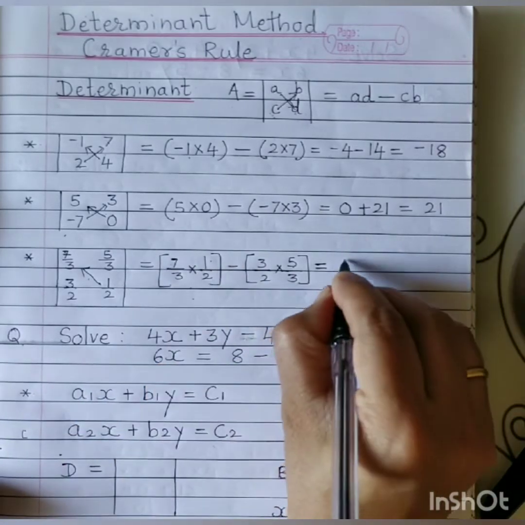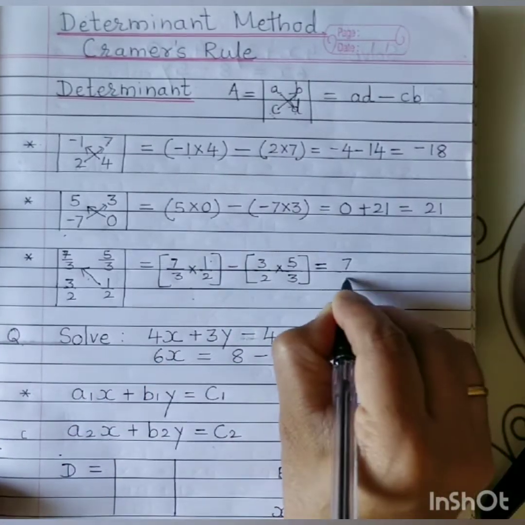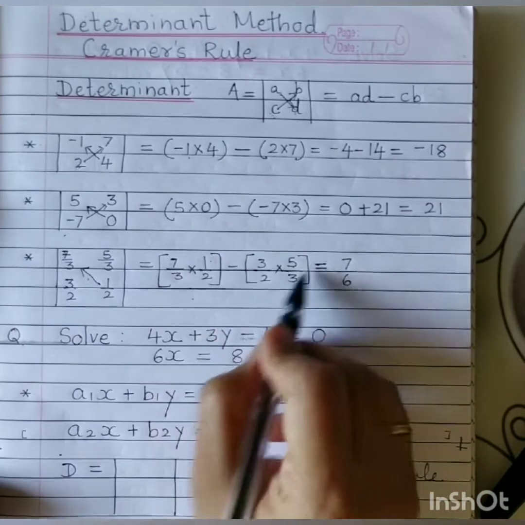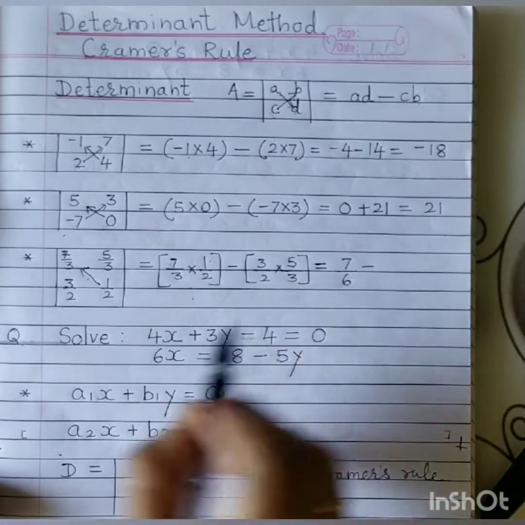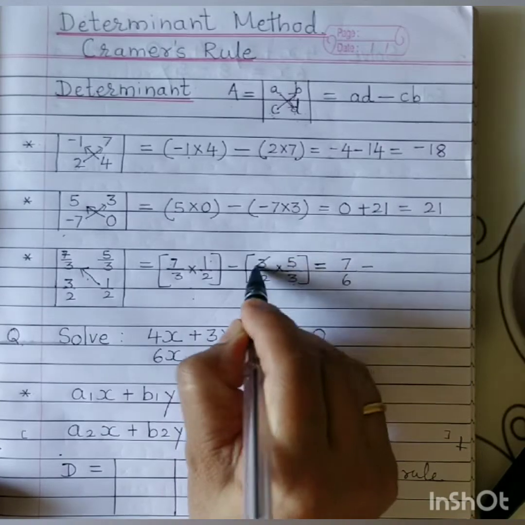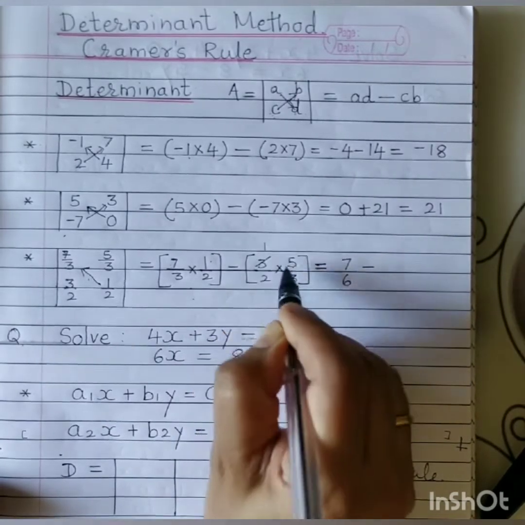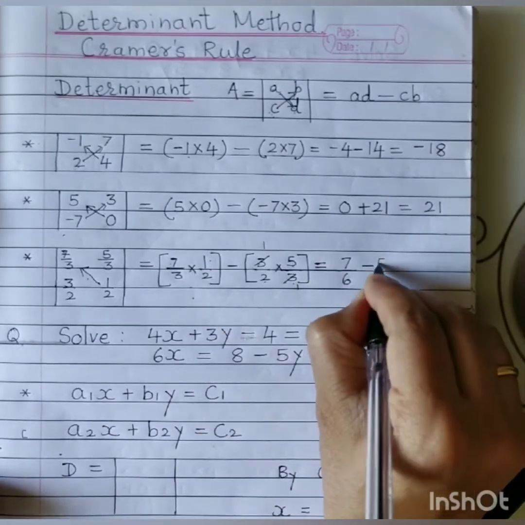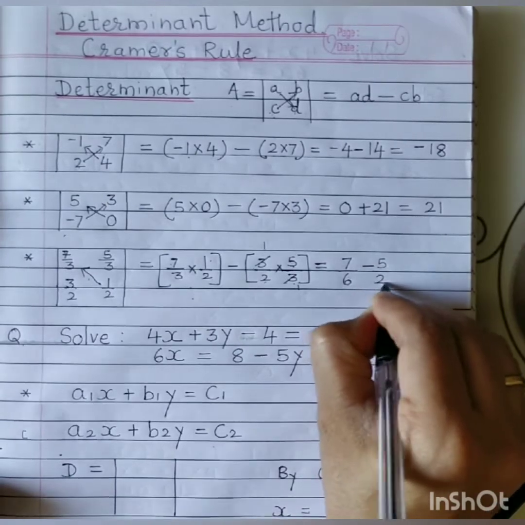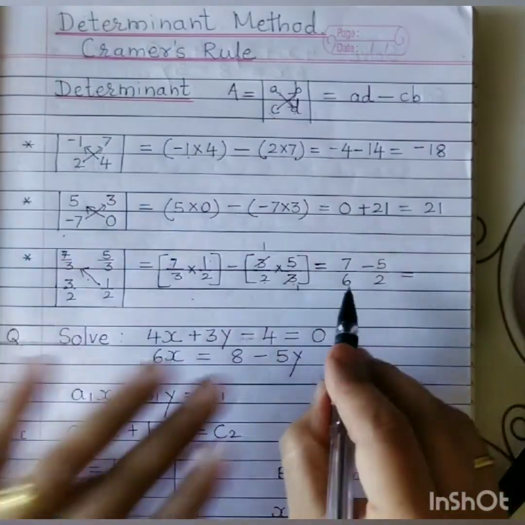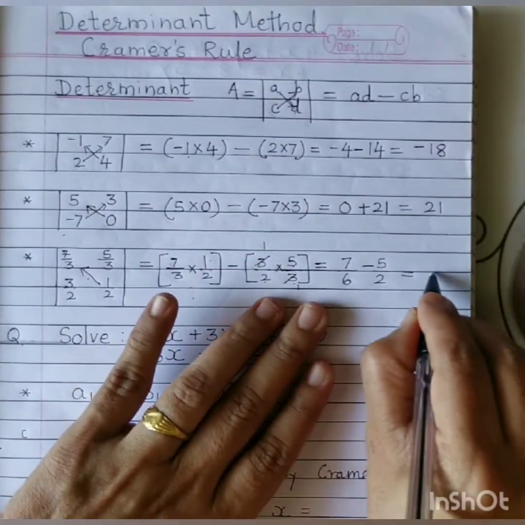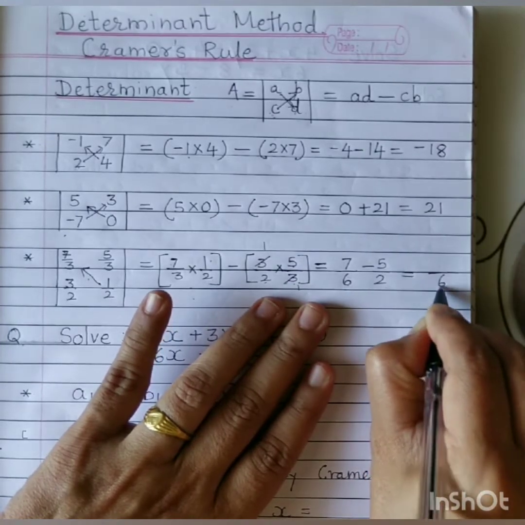7 into 1, 7 upon 3 2s are 6. No negative here, so this is minus. Here you can see 3 and 3 can be cancelled. What is left here is 5 upon 2. Now you need to work here with the LCM. LCM of 6 and 2. You know what it is? 6.